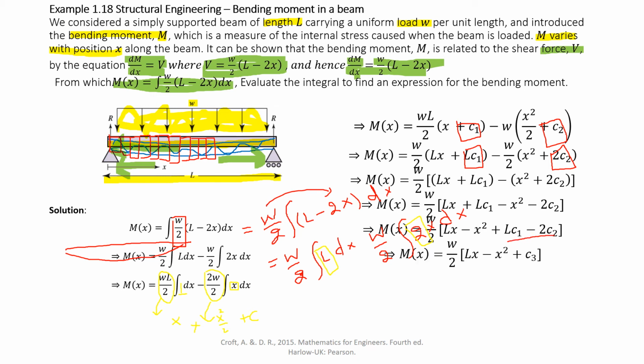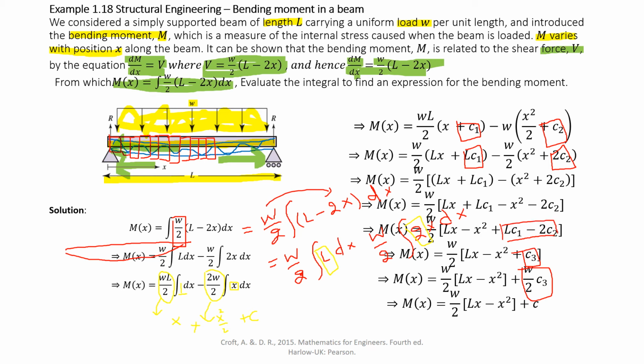So again the answer will come another C and W by 2. So if you are not doing this step, no problem. If you don't put the C1 here and C2 here, you can finish this quickly and just at the end put 1 C. Okay, but this is for the sake of explanation.